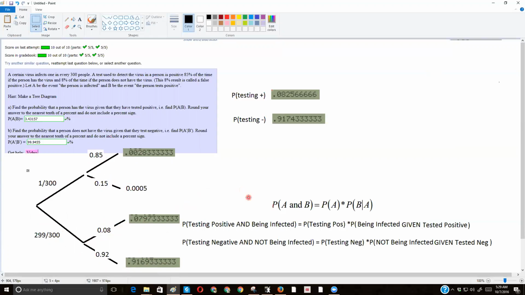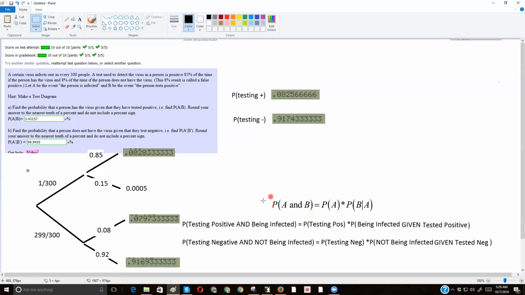So the probability of somebody testing positive and being infected is this number right there, right? Testing positive and being infected. We need to find the probability of somebody testing positive. It isn't just the 0.85 or the 85%. So the probability that somebody's testing positive is represented here, because this is the positive test result and this is the positive test result. So I needed to add those two numbers, and that's where I came up with that.